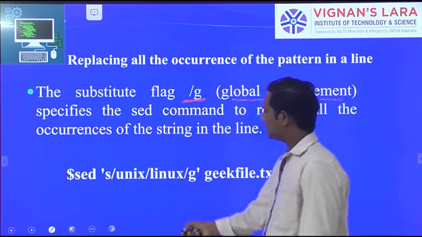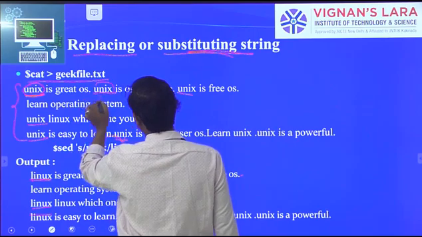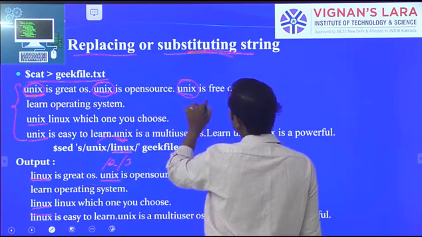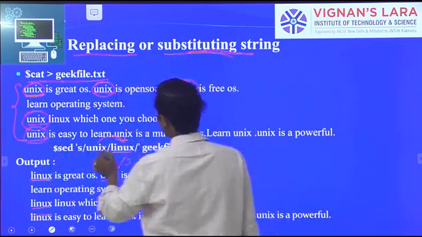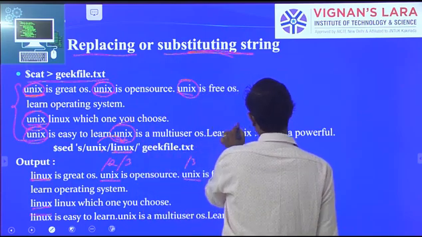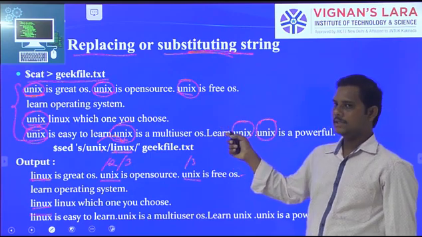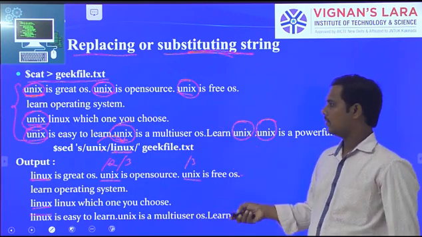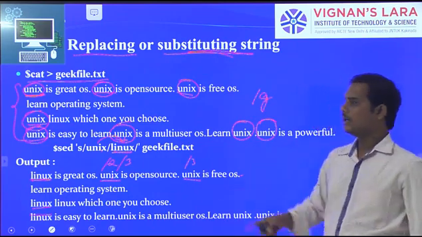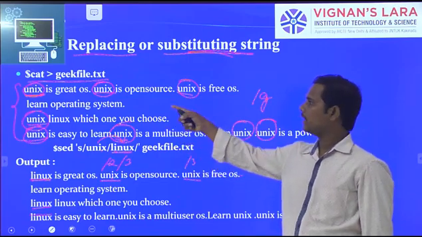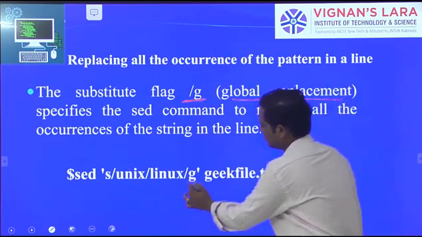You can see that here Unix is there, this place also Linux, and so on. All these Unix places are replaced with Linux. How? Using /g, global occurrences. In the entire file, wherever Unix is there, it will be replaced with Linux.